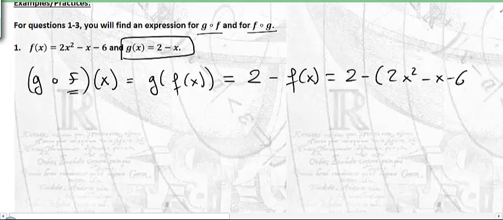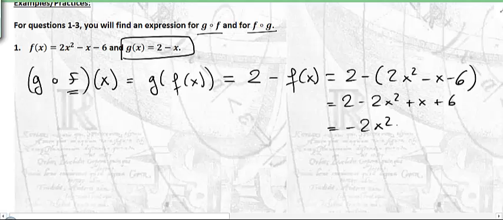So here it's going to be 2 minus the input, f of x. That's it. And 2 minus f of x, so it is 2 minus (2x squared minus x minus 6). So it is 2 minus 2x squared plus x plus 6. Let's order everything here. Negative 2x squared plus x plus 8. That's it, okay?